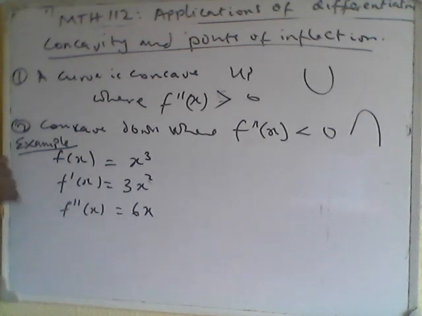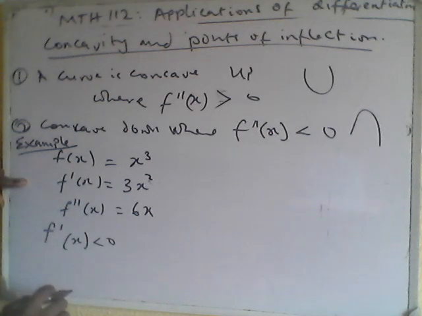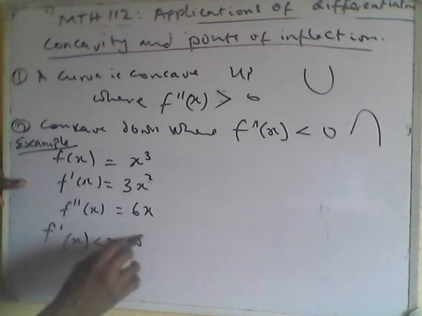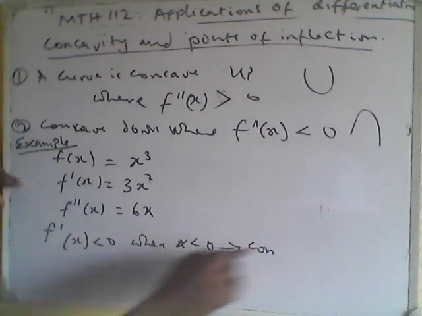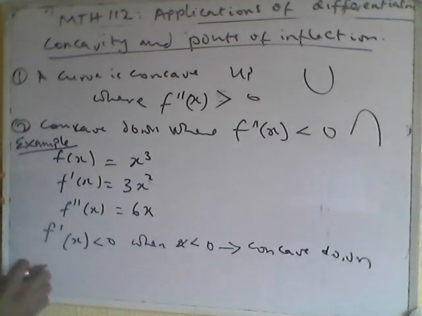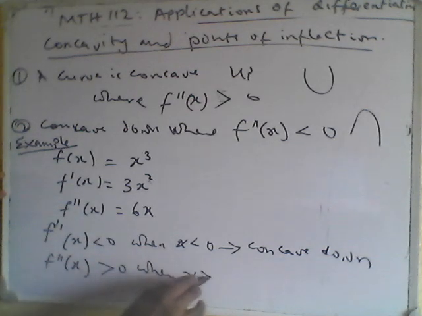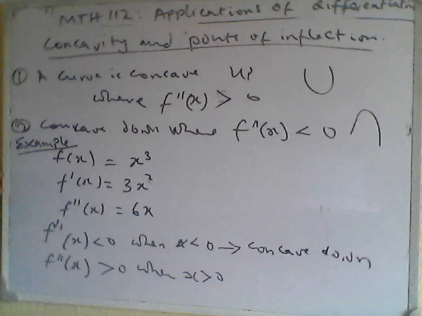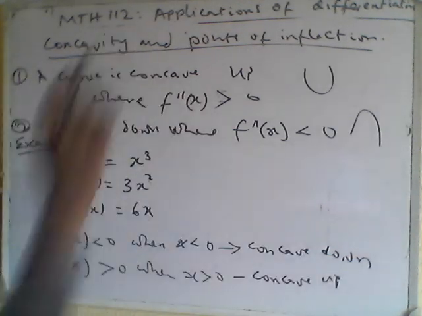Okay, so f prime prime of x is less than 0 when x is less than 0, it is concave down, right? And f prime prime is greater than 0 when x is greater than 0, then it's concave up. So this is just to buttress what I have said before.